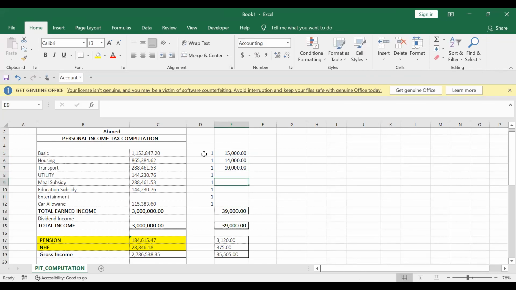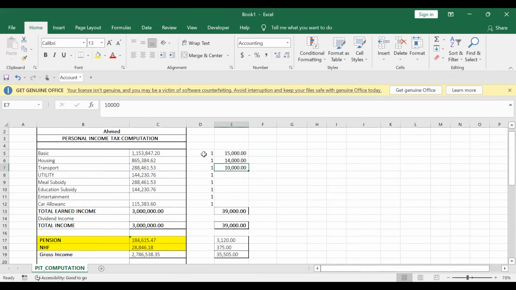You said the total salary is 48,000 annually? Yes. Are you sure? Yes, I said the monthly salary is 40,000 and the annual should be 480,000. Sorry, sir. Okay.